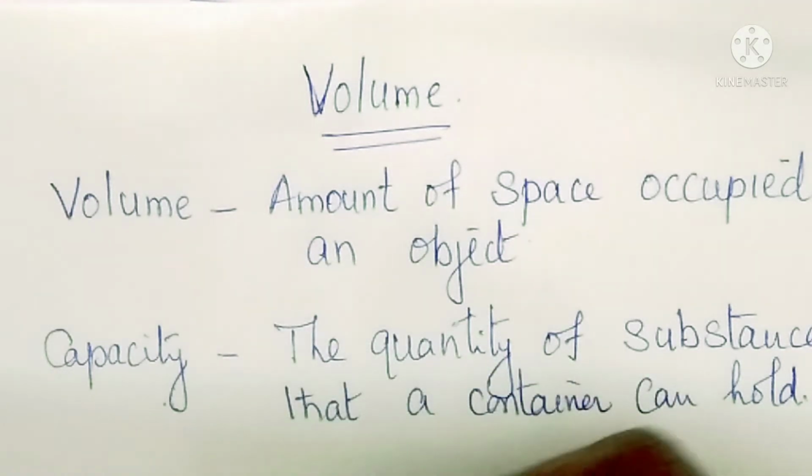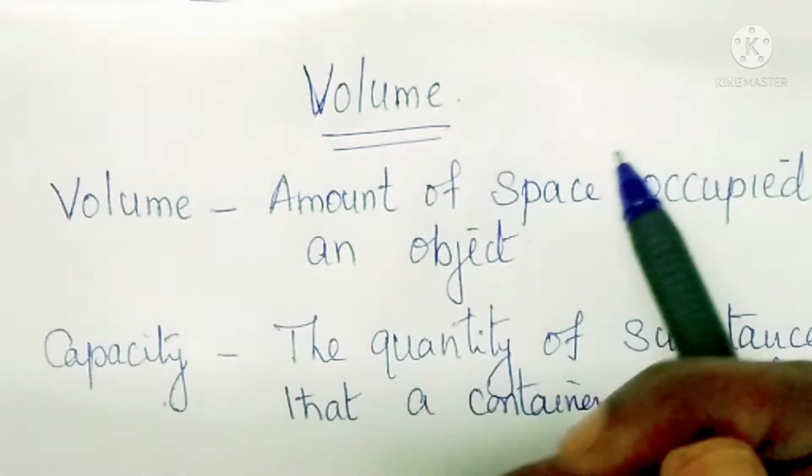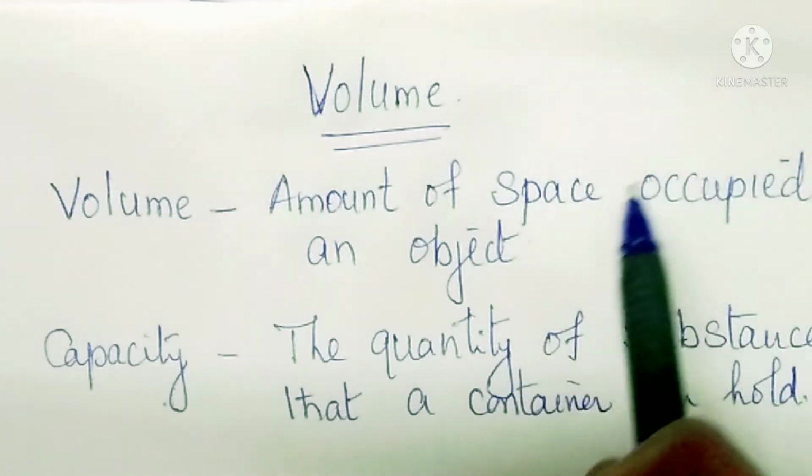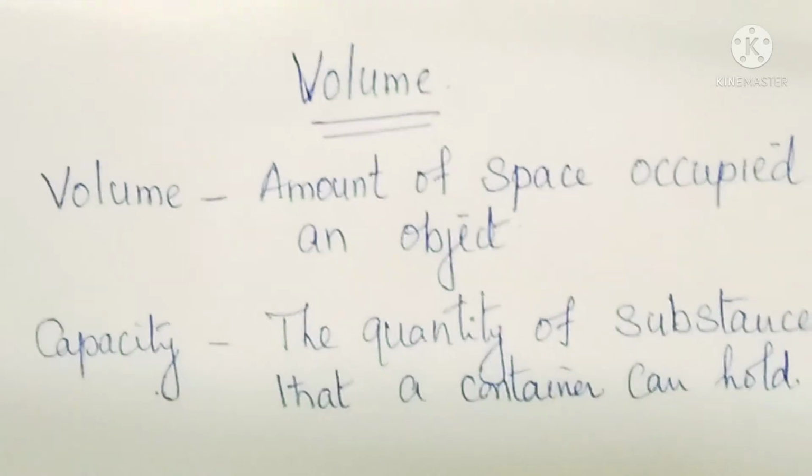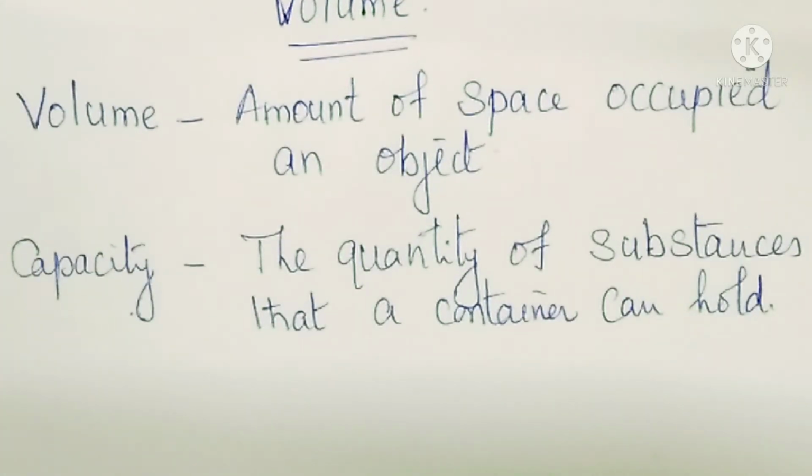Similarly for capacity, whether it is a cuboidal, cubical or cylindrical container, we will see how much quantity of material can be held in that particular container. So let us now discuss exercise 11.4.